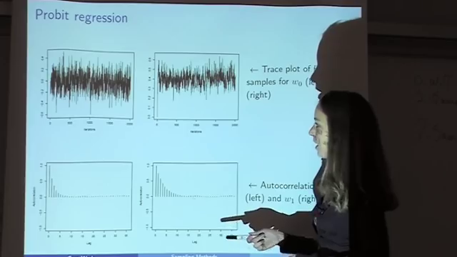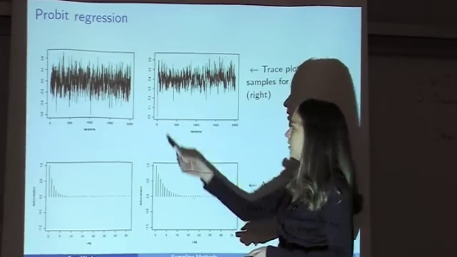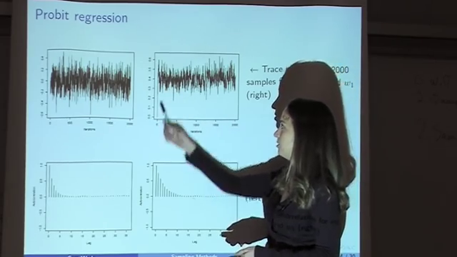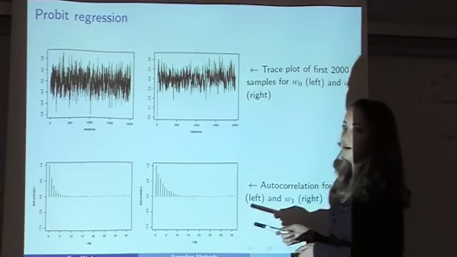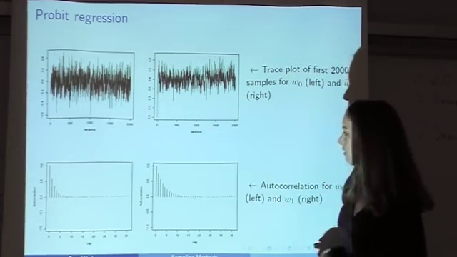You can see that I initialized it at 0, 0. In this case, our chain jumps to the stationary distribution pretty quickly. We can say that the mixing looks pretty good in both of these cases.